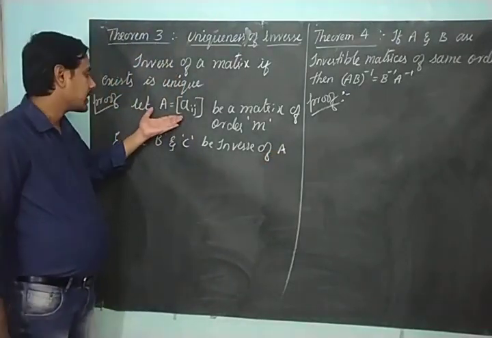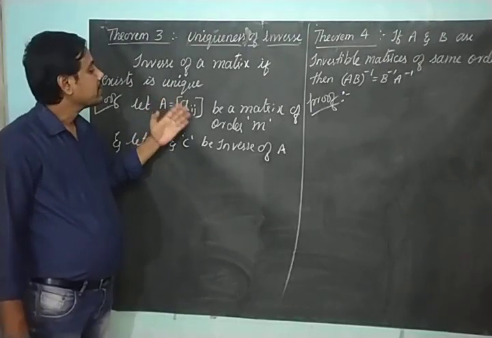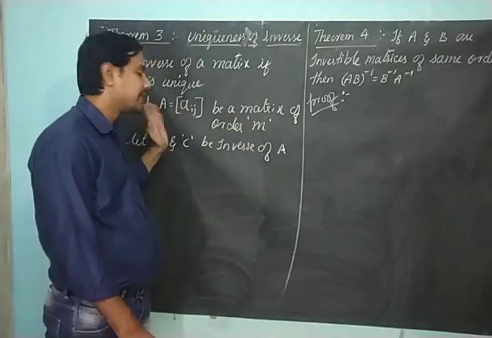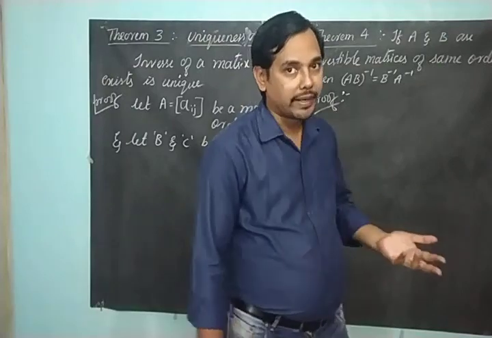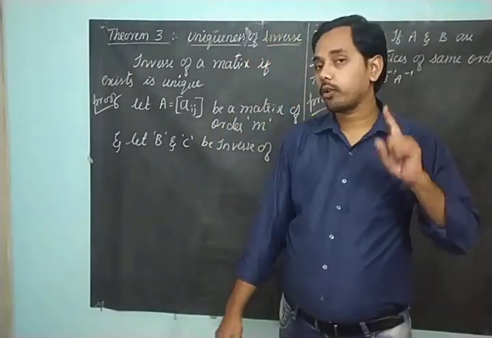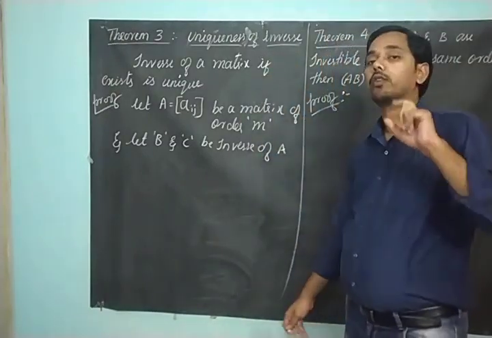We have considered a matrix Aij. It is a square matrix, right? Of order M means definitely it is a square matrix. As per our statement it should have only one inverse.